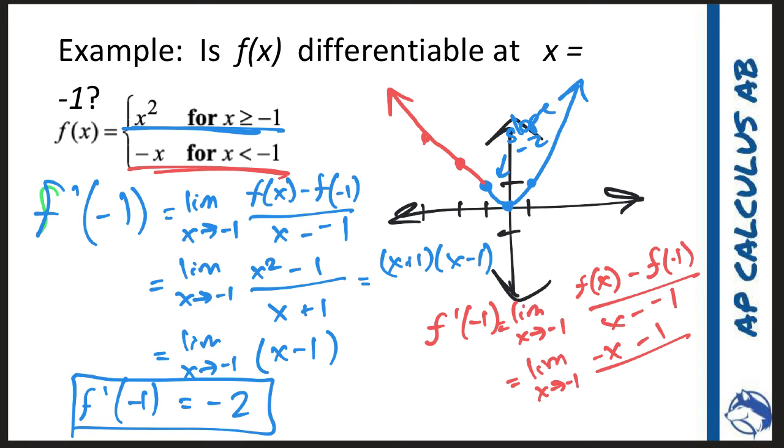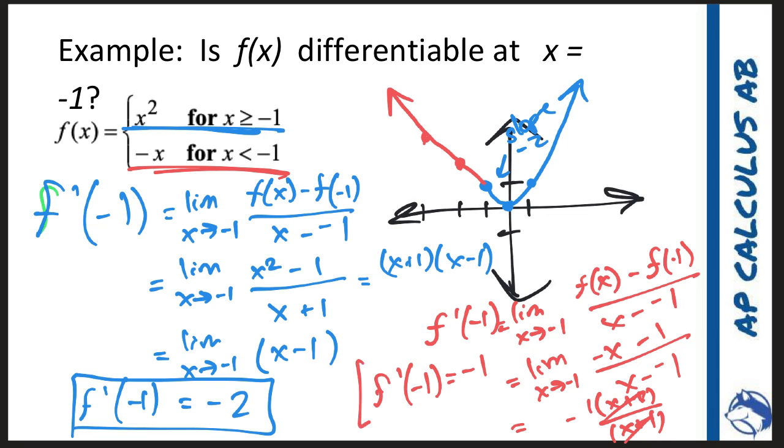All of this is going to be over x minus -1. So this is equal to -x minus 1, which is -1 times x plus 1, all over x plus 1. Those pieces are going to cancel out, and so I'm left with f prime of -1 is equal to -1.